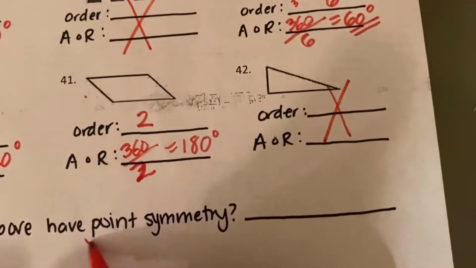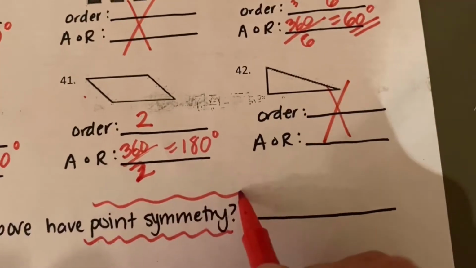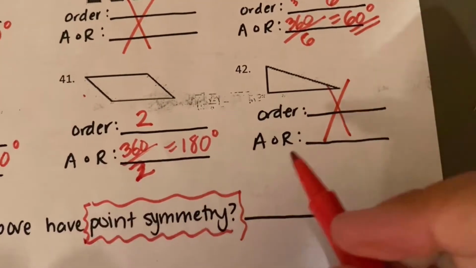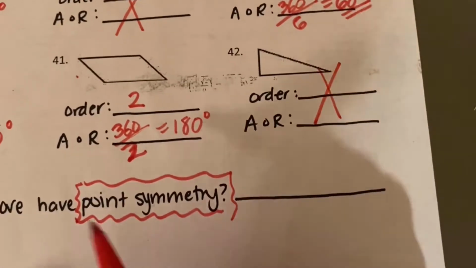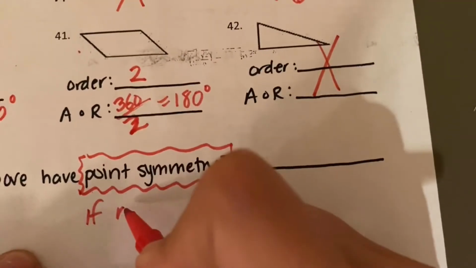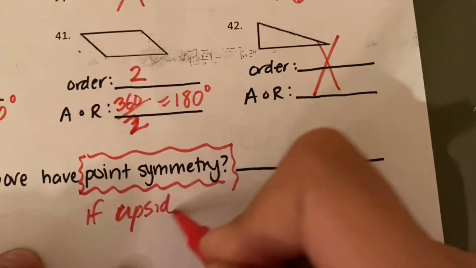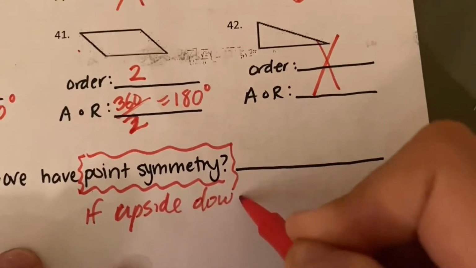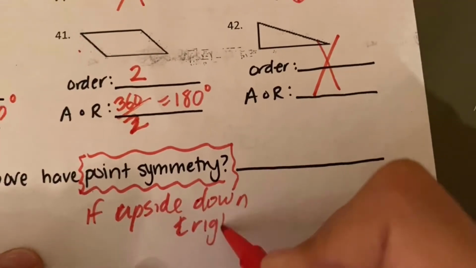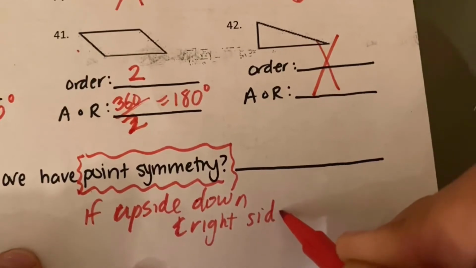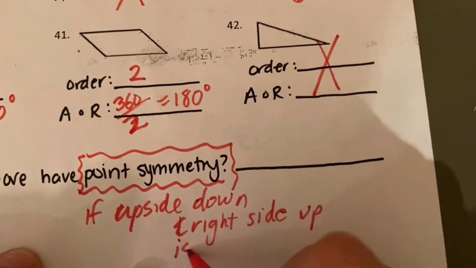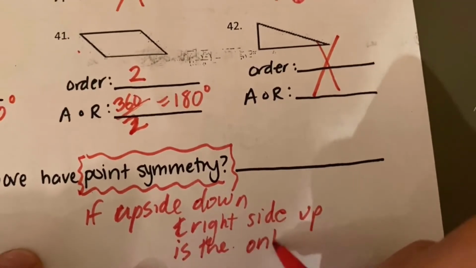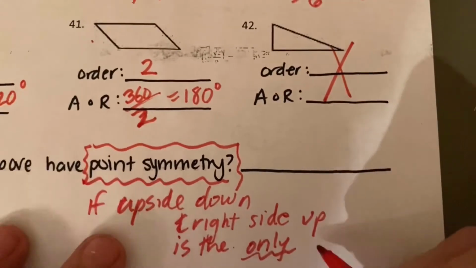So this mystery of the point symmetry, we'll talk about it next time in class. But technically, it means if upside down and right side up is the only time the shape looks the same.